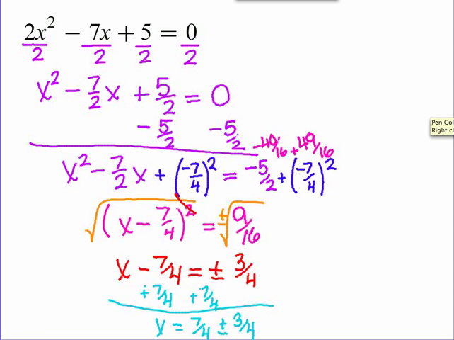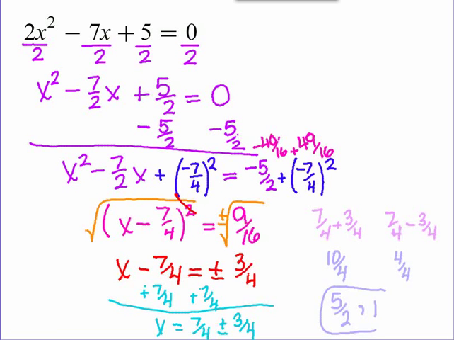Let's split that up: 7/4 plus 3/4 and 7/4 minus 3/4. What is 7/4 plus 3/4? 10/4, which is 5 halves. 7/4 minus 3/4 is 4/4, which is 1. There you go.